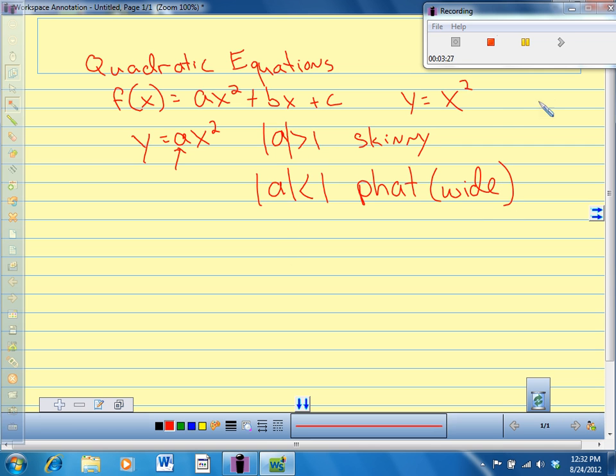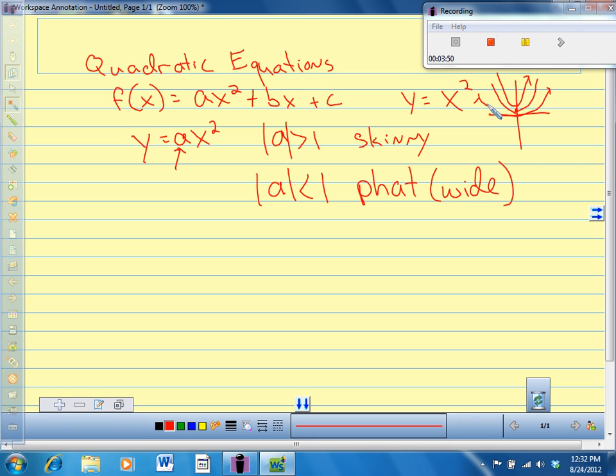So in this case, if this is y equals x squared, and if I want to graph y equals 2x squared, it would be inside that one. It wouldn't be up higher. It would have the same vertex. And if I want to graph y equals 1/2 x squared, it's going to be something down here.